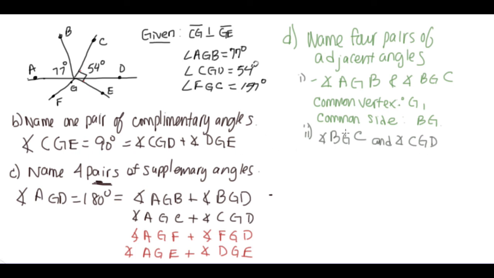Their common vertex is G. Their common side is GC or CG. It's the same side, just written differently.